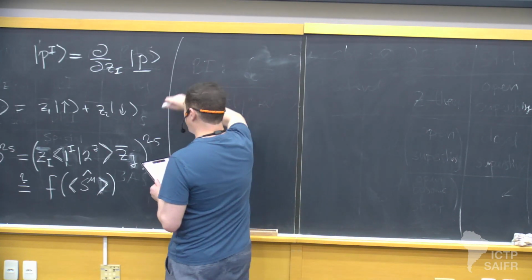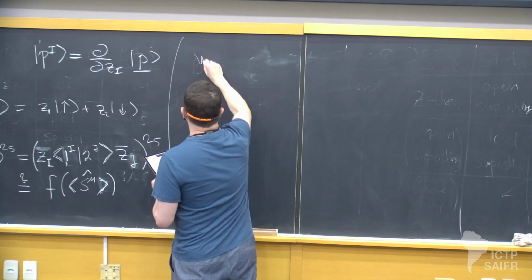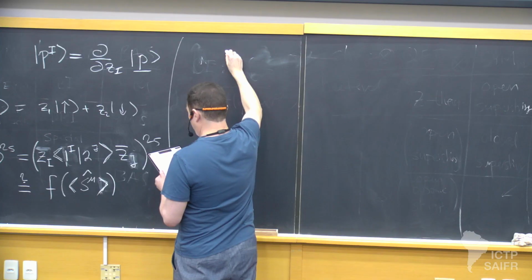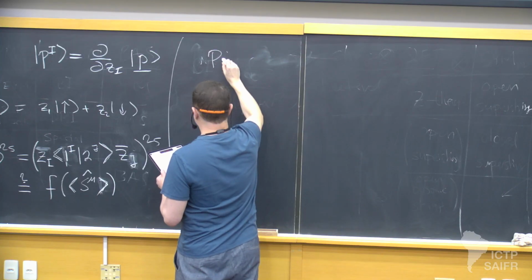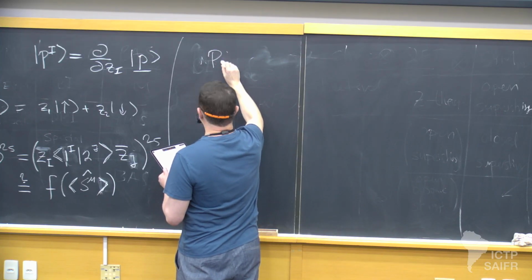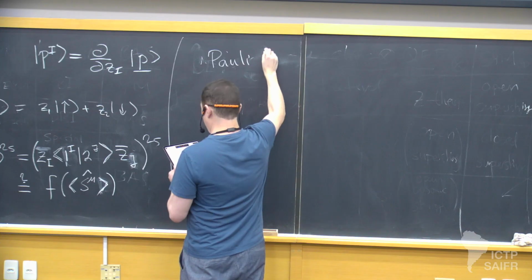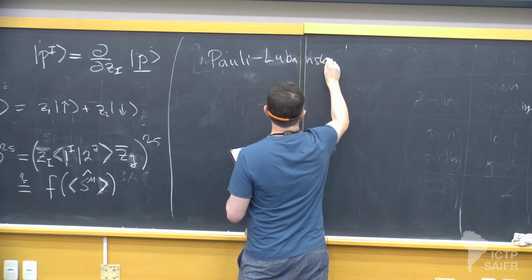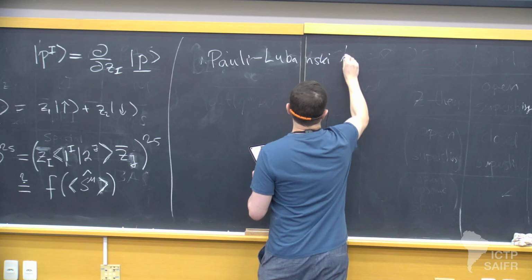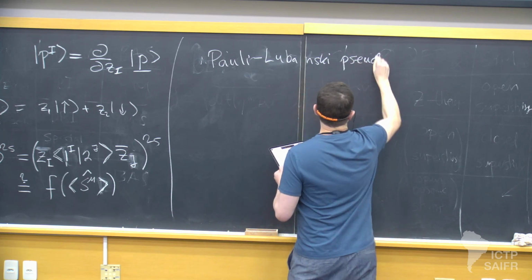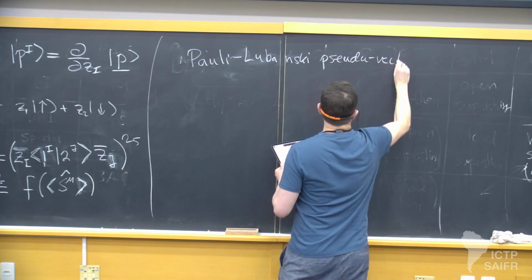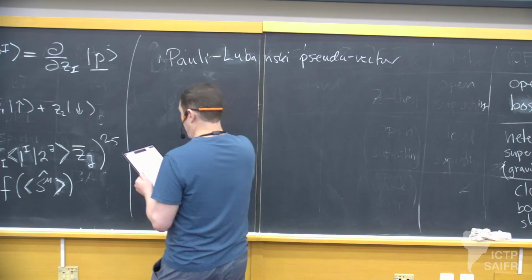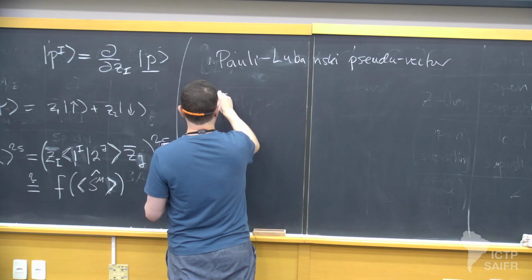Okay, and what is this spin operator? So the spin operator is basically the Pauli-Lubanski pseudovector.